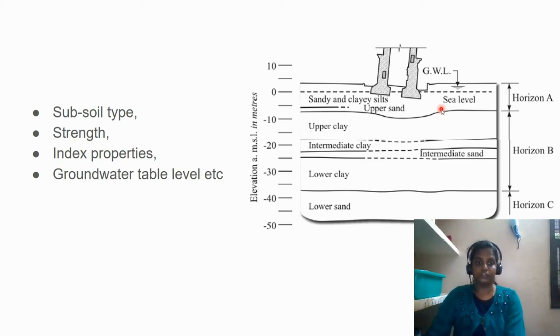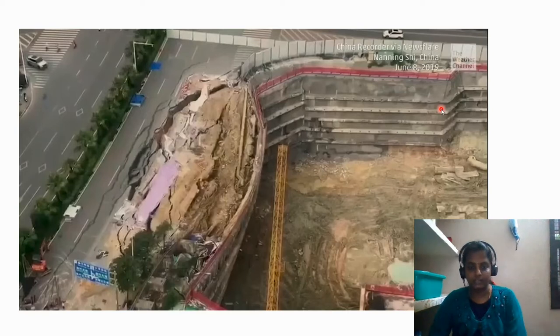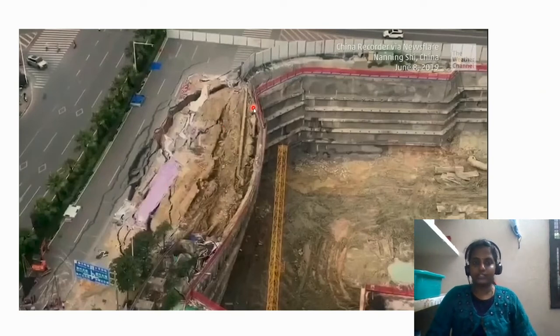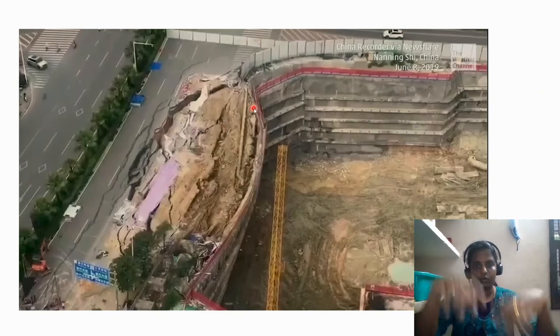And I will also show you some pictures here. This is an excavation being carried out, and you can see here the soil has moved laterally in this direction. It is a tendency of the soil to move towards the open space.